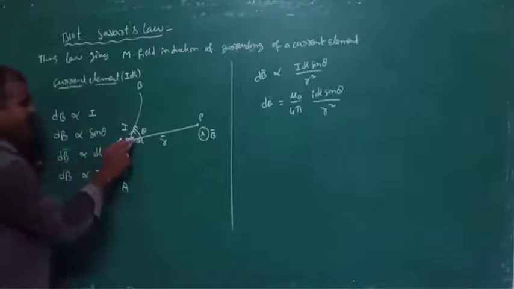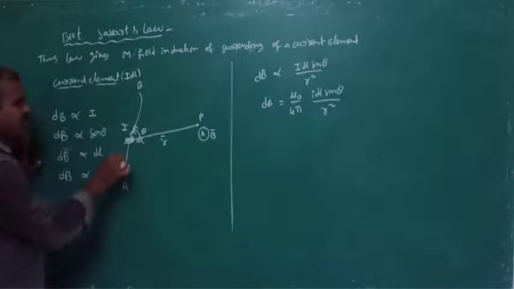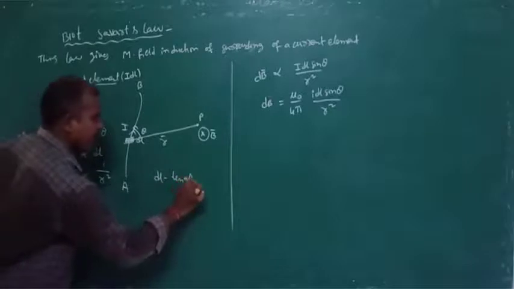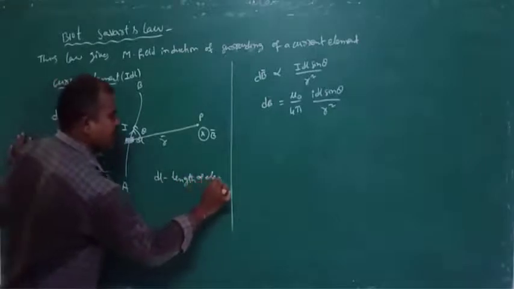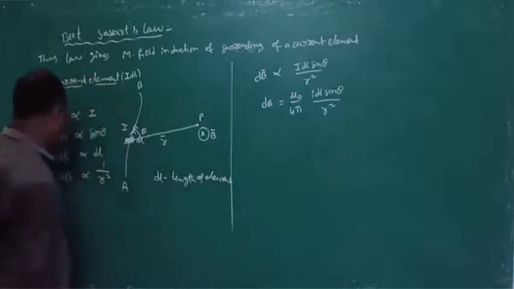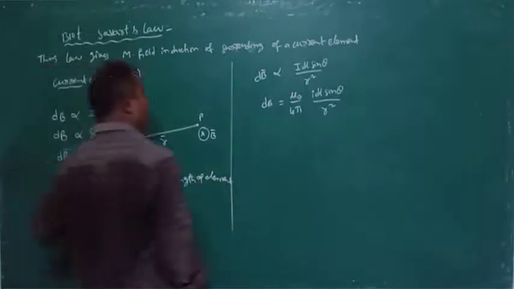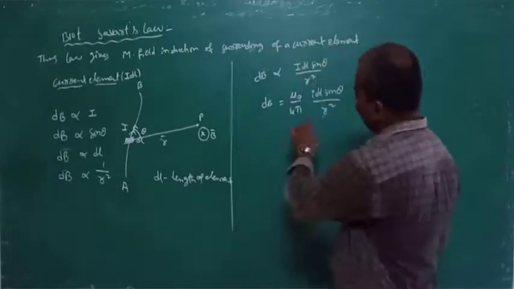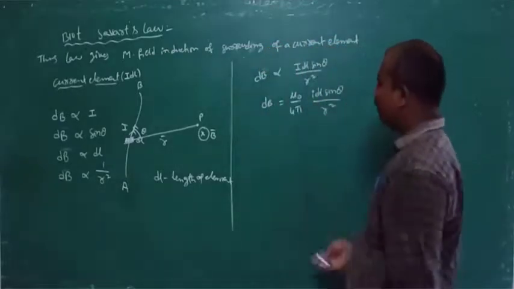The magnitude of magnetic field due to the small element is directly proportional to the elemental length, dl is the length of the element. From all these we can write dB equals mu naught by 4 pi into I dl sin theta by r square.